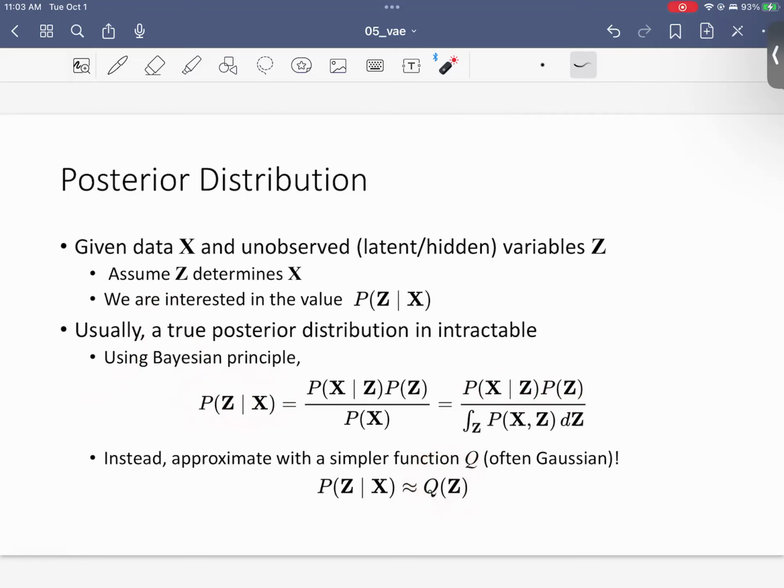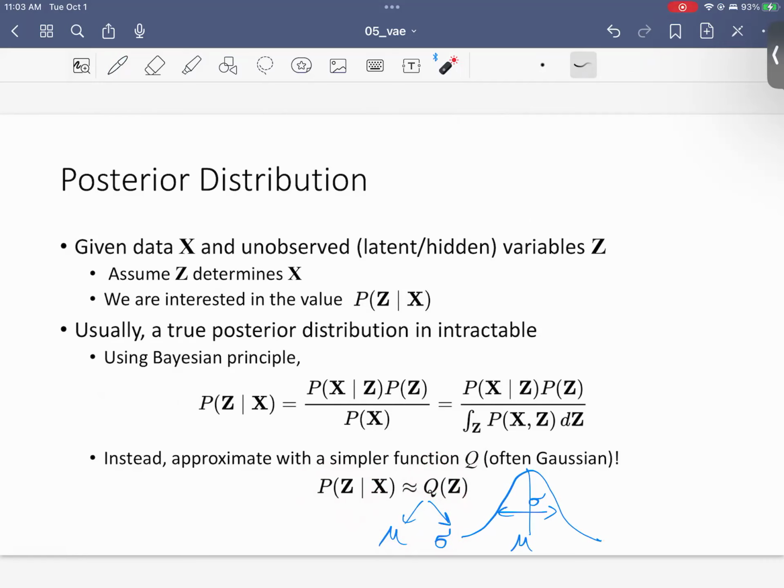So Q(z) will be a real Gaussian distribution with a mean and standard deviation, right? We're going to tune these two parameters of Q so that Q and P(z|x) will be as similar as possible. That's what we're going to do.